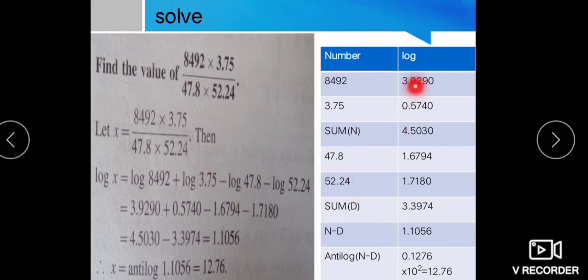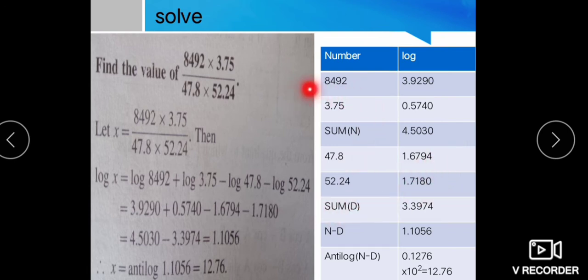If you write vertically, add vertically and subtract vertically, there will be no mistake. So write the 2 numbers in the numerator, see their logs, and write the numbers in the denominator, see their logs.